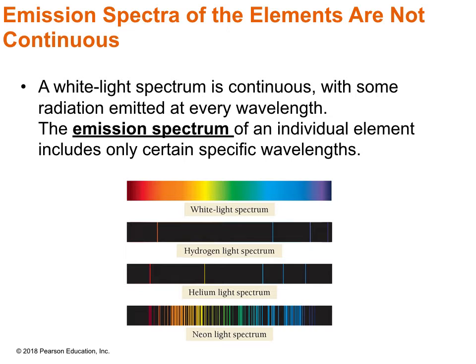So this is really important because these emission spectra, that spectra is the plural for spectrum, are unique to the element, all right? So this means that no two elements have the same pattern of wavelengths present, and so we can actually use these spectra to identify elements because it's kind of like a fingerprint.